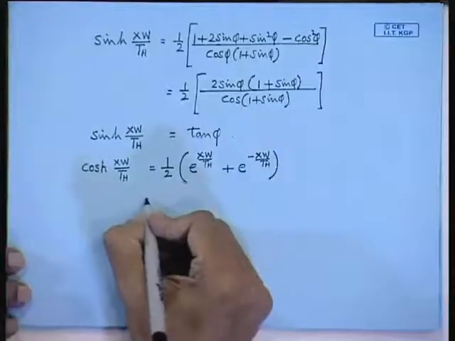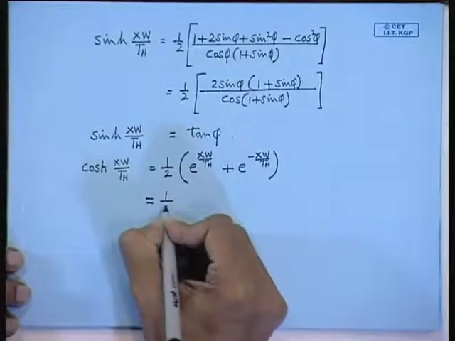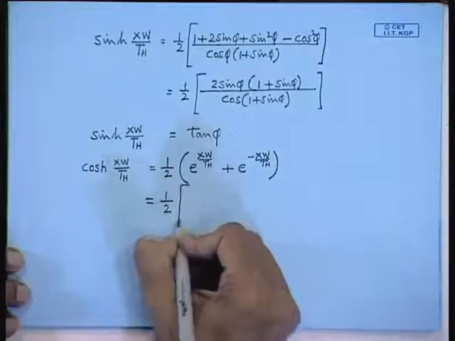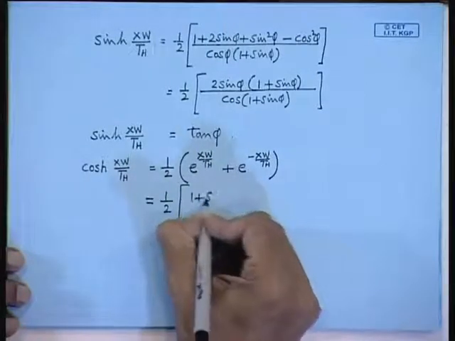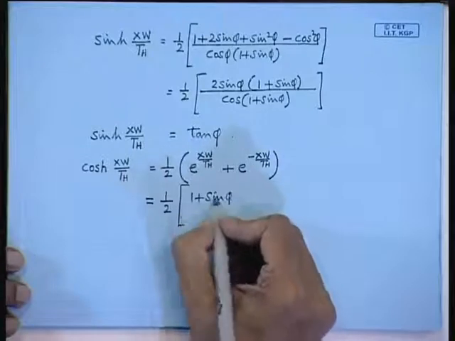Anyway, we will use that later on. So this, if you break this down, this will be half of 1 plus sin phi over cos phi.